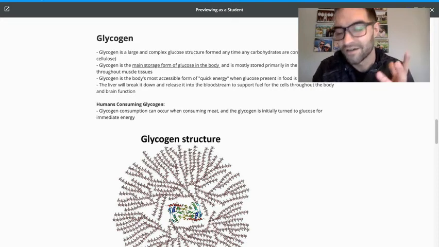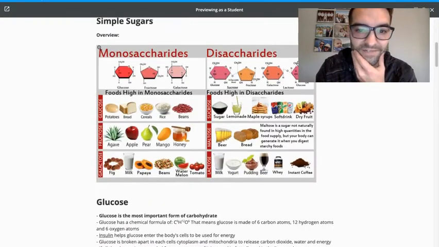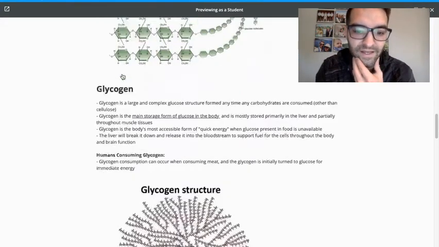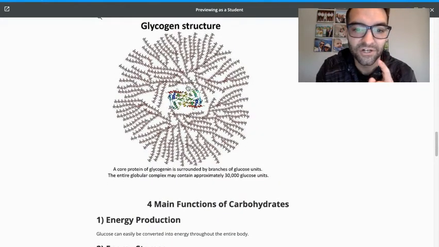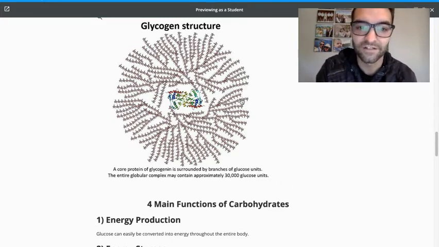So the body, other than cellulose, I should say, if it needs to, can take any of those forms of sugar and rearrange it to form glucose, because the only differences really are where some hydrogens and oxygens are placed. And those glucose molecules, similar to starch, can form these very complex, globular structures, 30,000 glucose units. Very complex, very large.